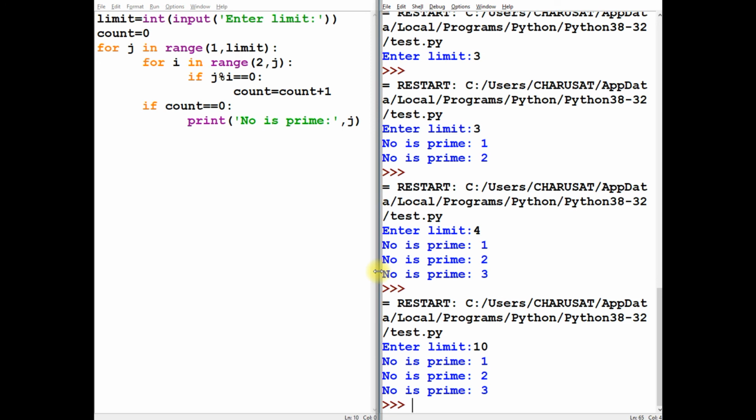Now what happens here? When I enter 10, 5 is also a prime number, 7 is also a prime number, but those numbers are not printed. Why does this happen? Suppose the number is 4 here. For I in range 2 to J, J is 4.